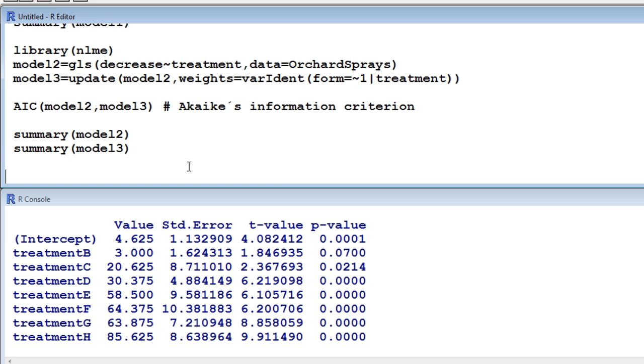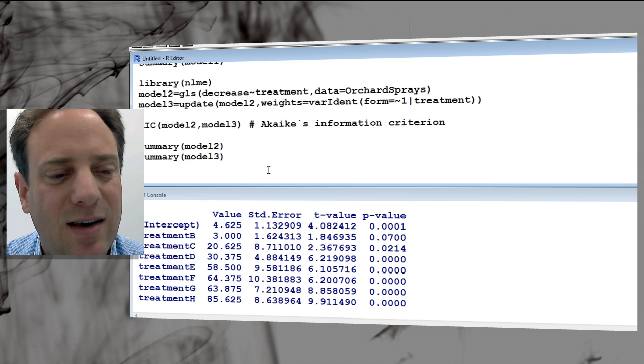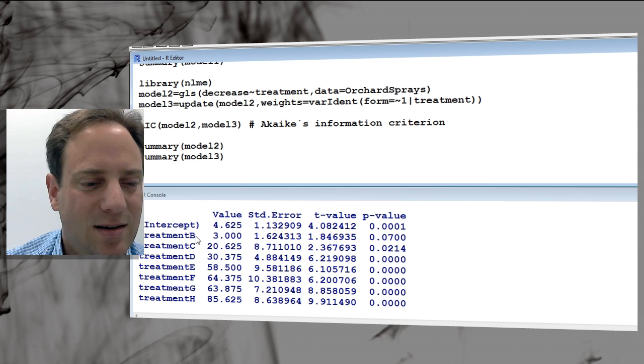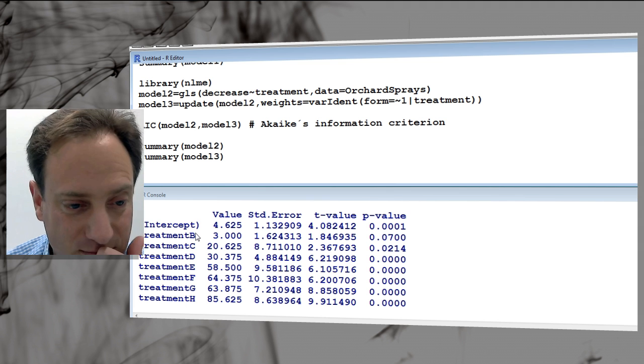Okay, so what would you do if you would be interested in different things? Now, these coefficients here show only the differences between treatment A and B, A and C, A and D.